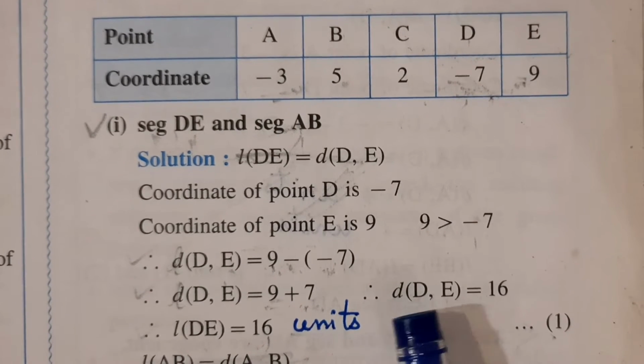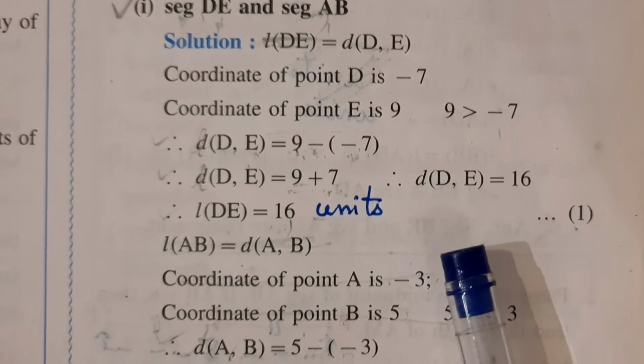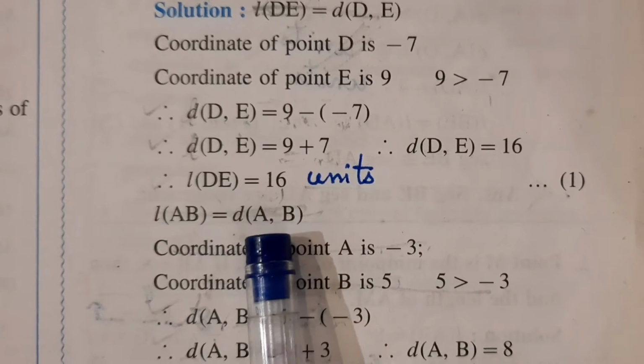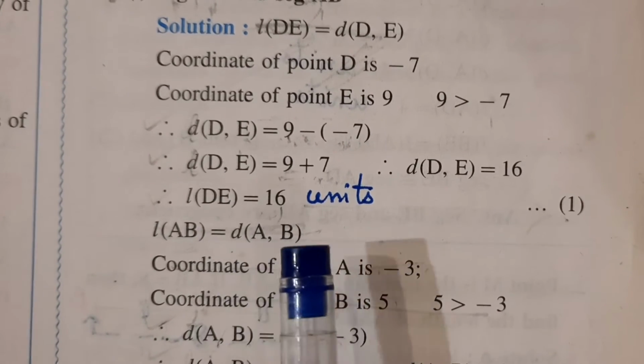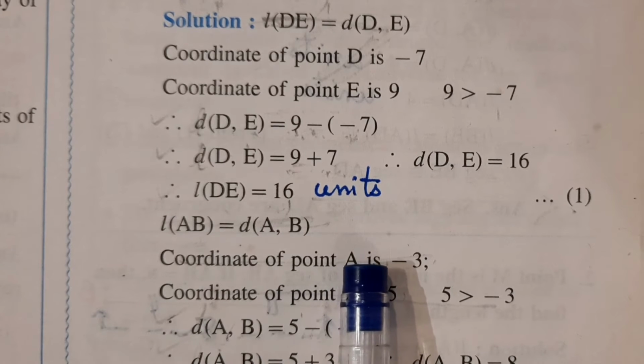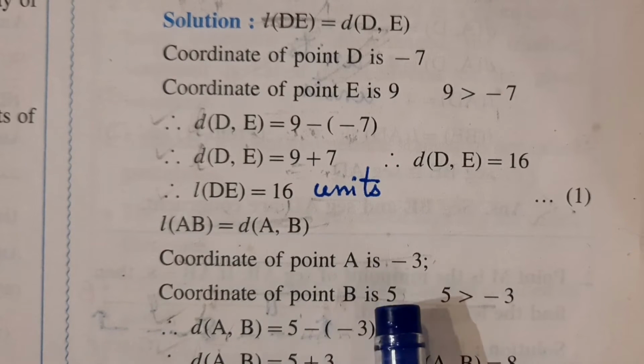Now let us find the length of segment AB. Again, the length of segment AB is the same as distance AB. So we'll find distance AB first. The coordinate of point A in the table above is -3 and the coordinate of point B in the table is 5.